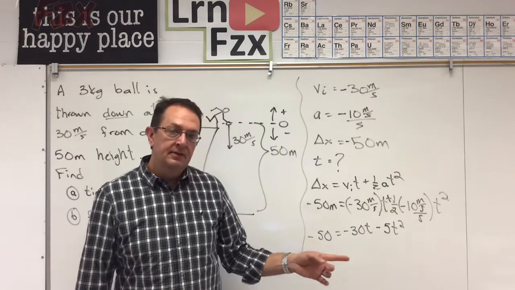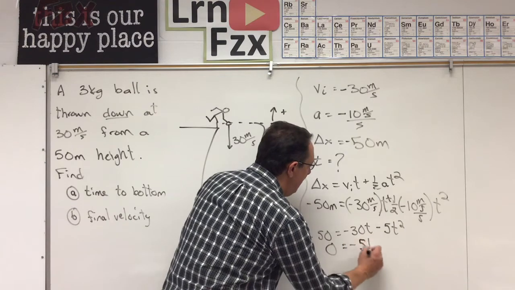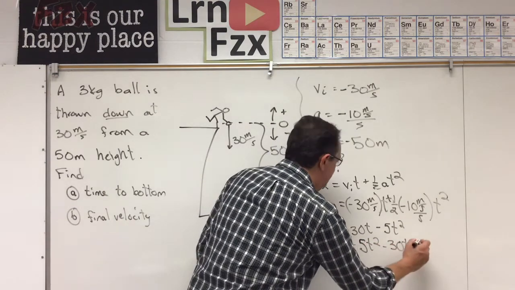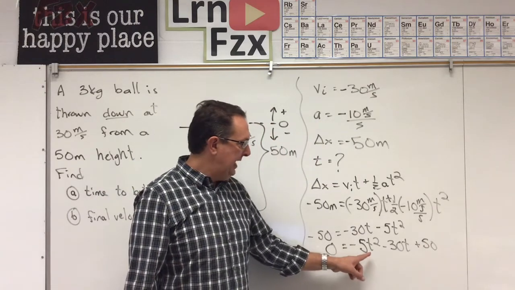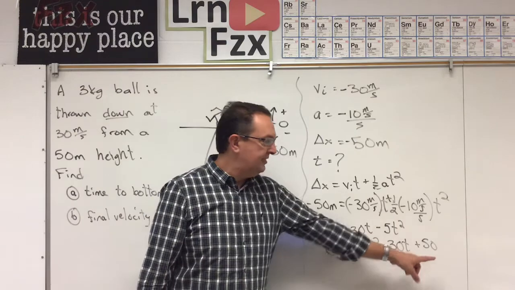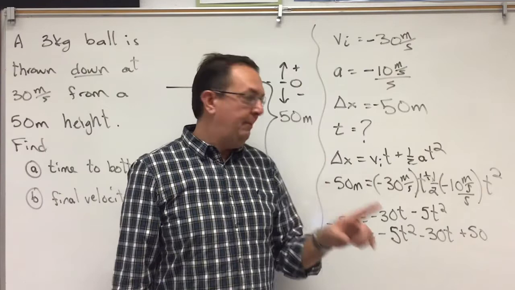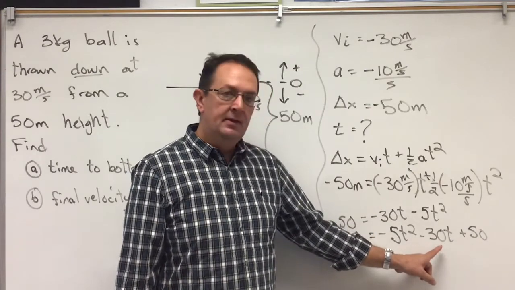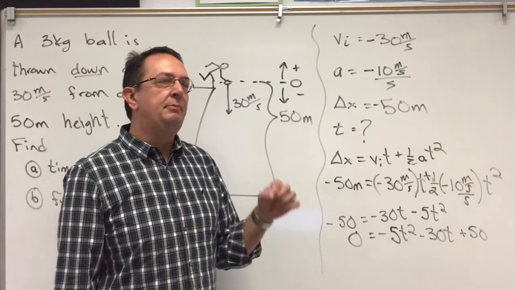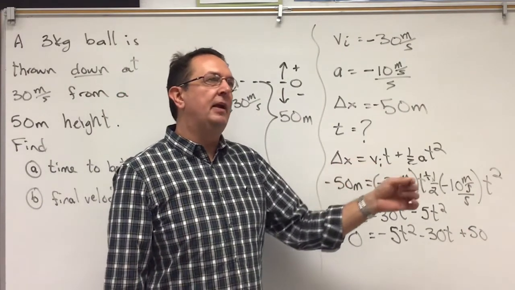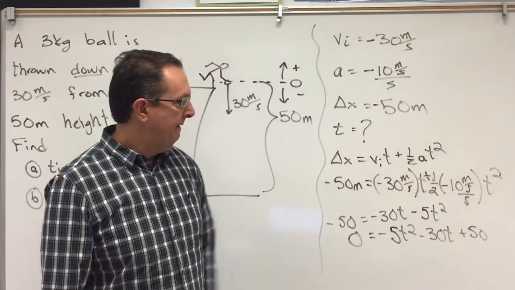Let's order it properly first. 0 equals negative 5t squared minus 30t plus 50. So this is ax squared plus bx plus c. So x, or t in this case, t is equal to the opposite of b plus or minus the square root of the quantity b squared minus 4ac, all divided by 2a.